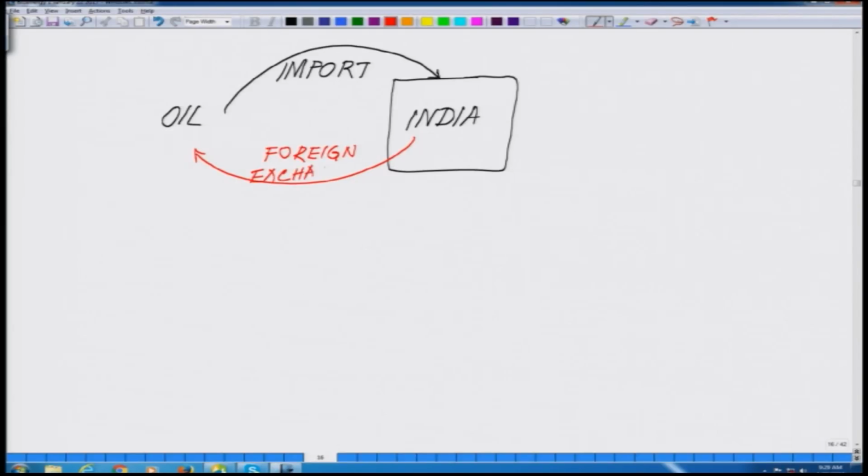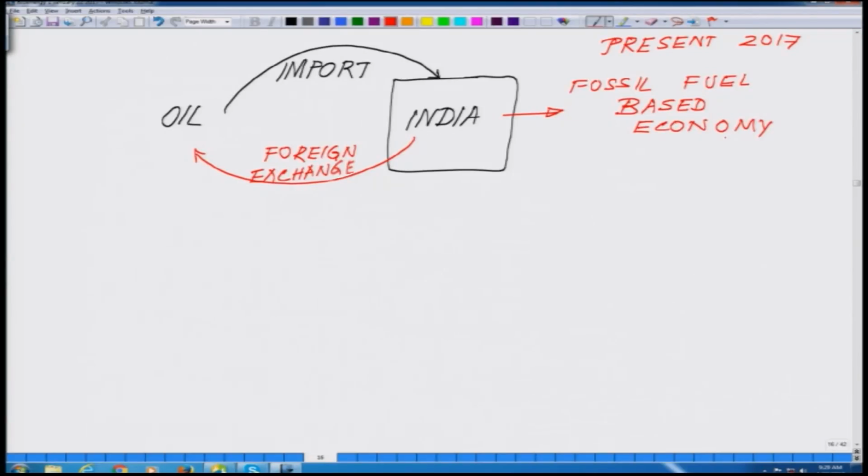So, basically this is the present, 2017, where we are a fossil fuel dependent, fossil fuel based economy. Of course, India is also producing a significant amount of coal, natural gas and all other things. Okay. So, this is where we are today.